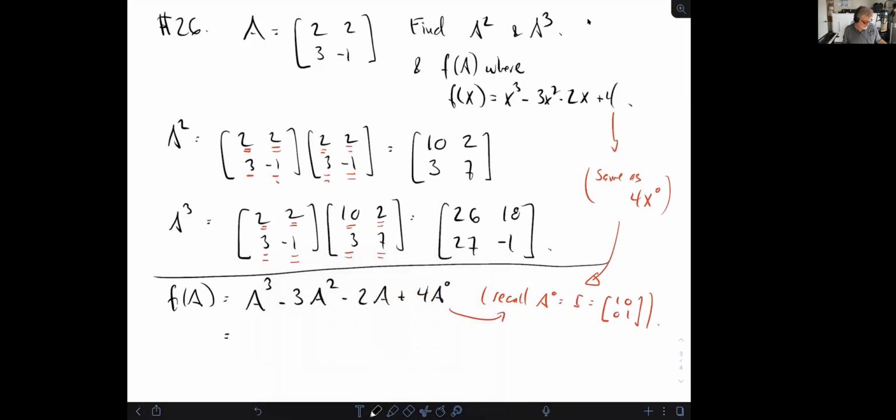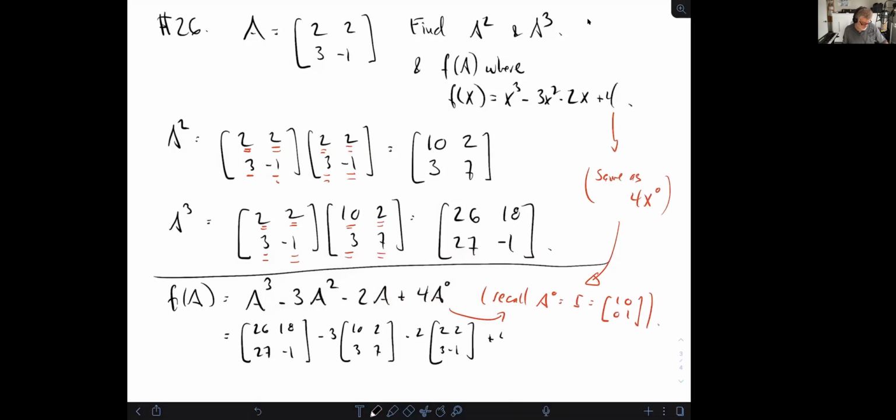Okay, so A cubed we got, it's 26, 18, 27, minus 1, minus 3 times A squared. A squared we've got 10, 2, 3, 7, minus 2 times A. A is 2, 2, 3, minus 1.